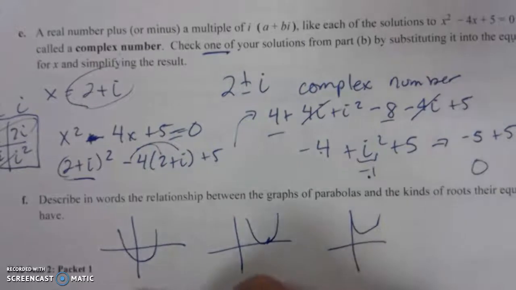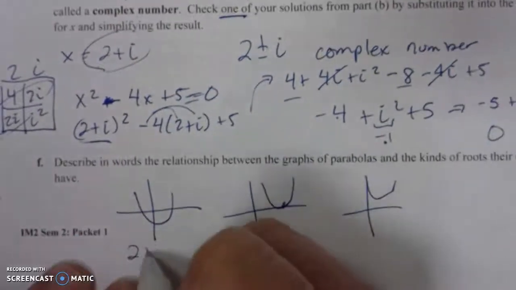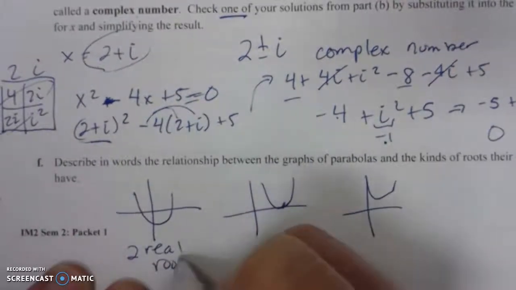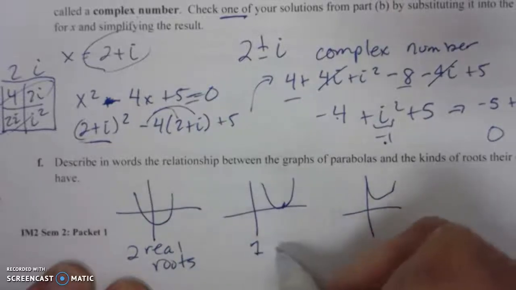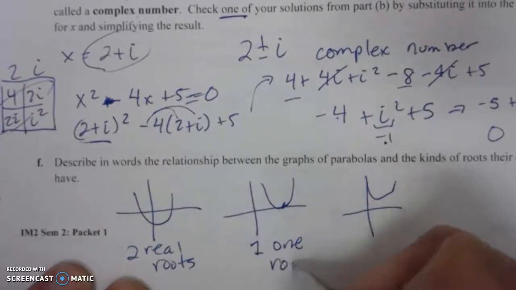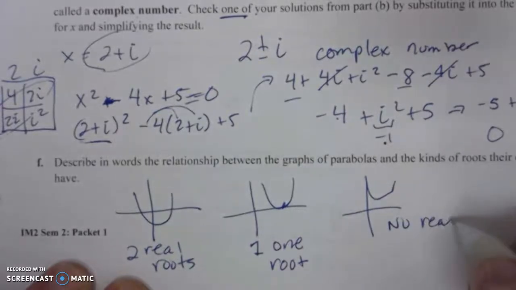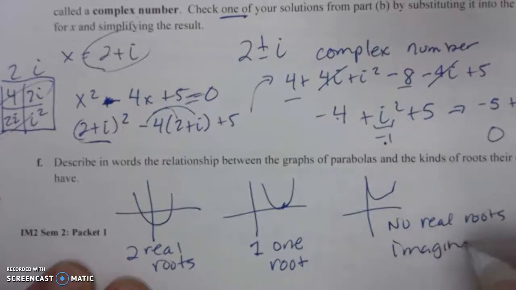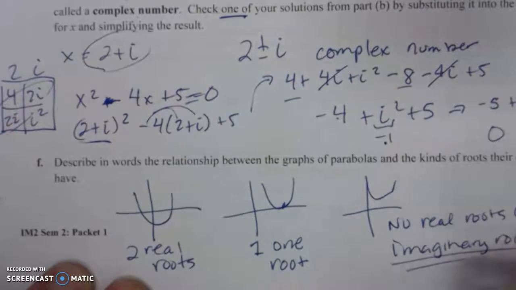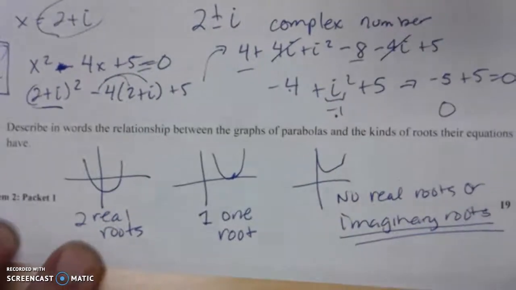So this is going to be 2 real roots. It touches one real root, and then this one is no real roots, or it's imaginary roots. Okay, so imaginary roots. Okay, can you see that?